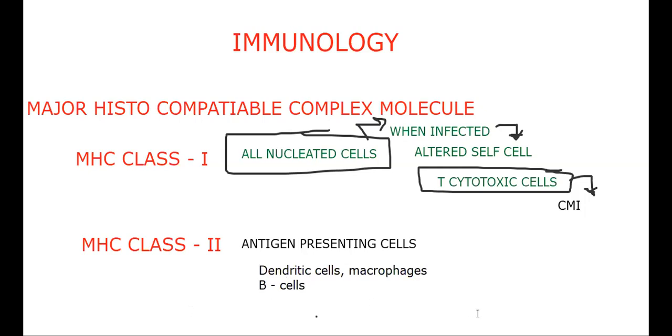These antigen-presenting cells present the antigen to a special kind of cell, the T helper cell. The T helper cell has two possibilities. Either it presents the antigen to the T cytotoxic cell, or it presents the antigen to the B lymphocyte.